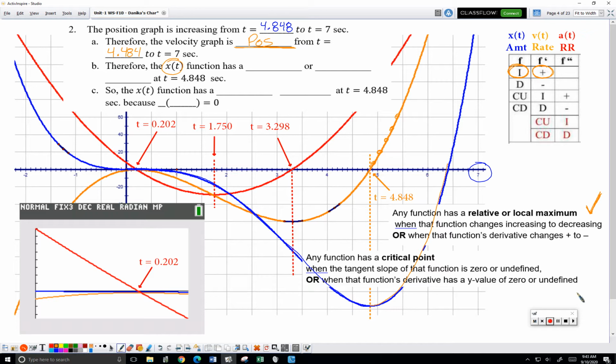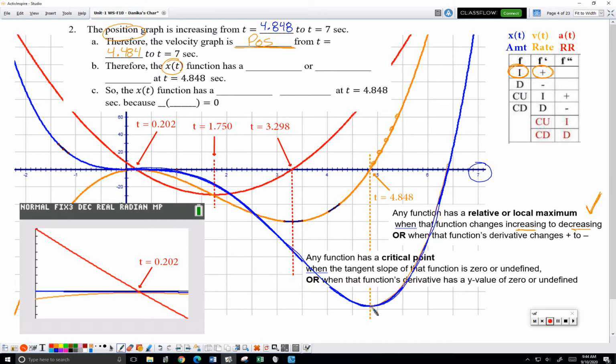So the position has a relative or local max when that same function, so when the position, changes from increase to decrease. Now, I did not include the definition for local min. I figured you're all smart enough to know it's just the opposite. So that's what we're looking at right here. The position graph changed from decreasing, right here, position graph is decreasing, to now the position graph is increasing.